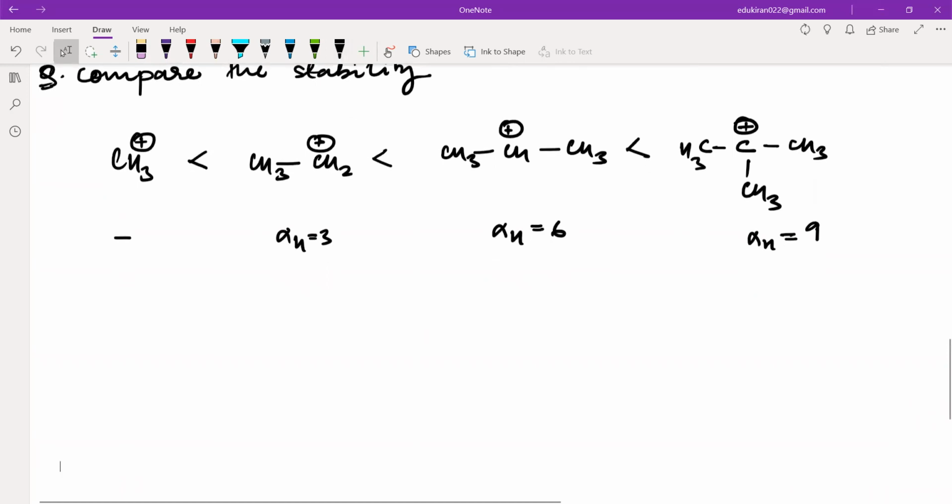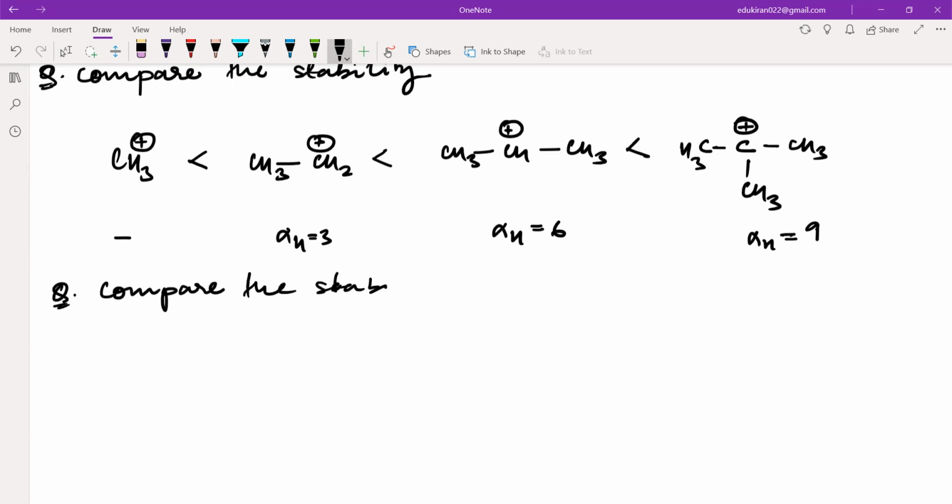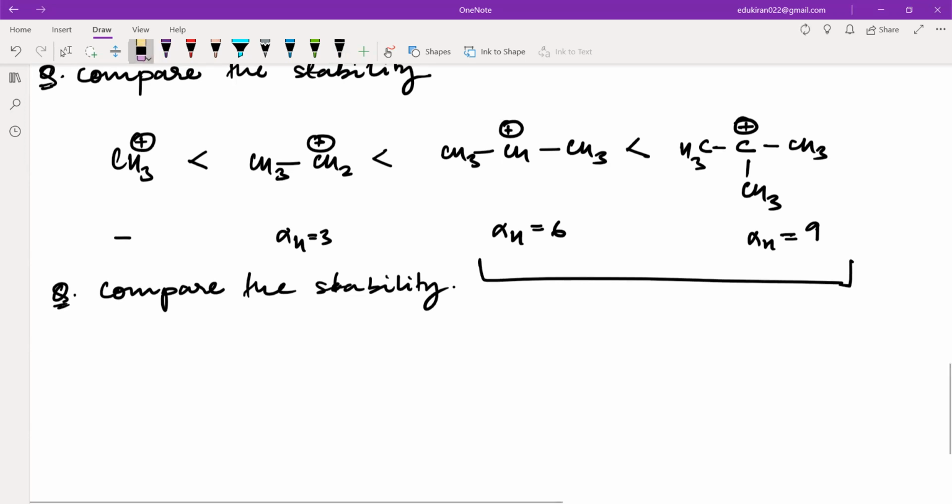Now let us also compare the stability if you have resonance. Let us take these things and compare with simple resonance.